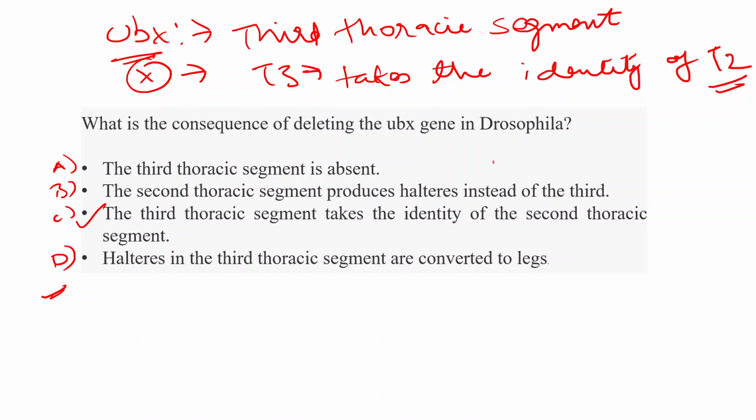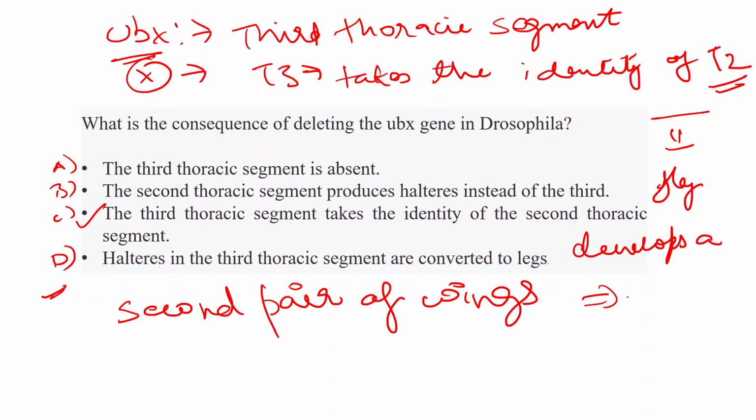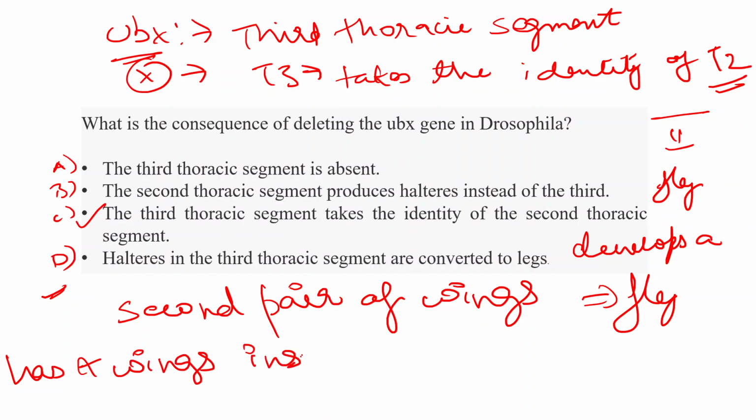And as a result, the fly develops a second pair of wings, so now the fly has four wings instead of two. So this is the correct explanation of this question.